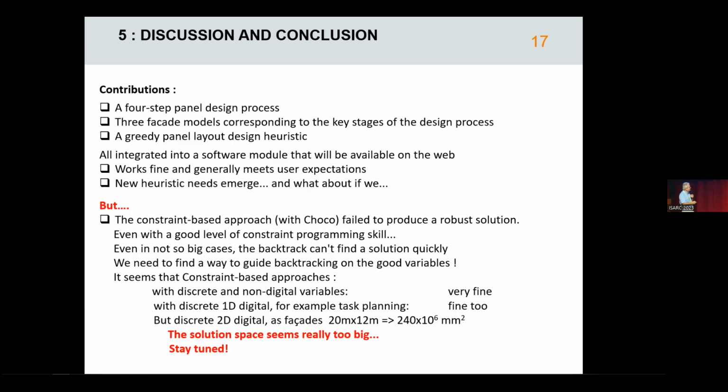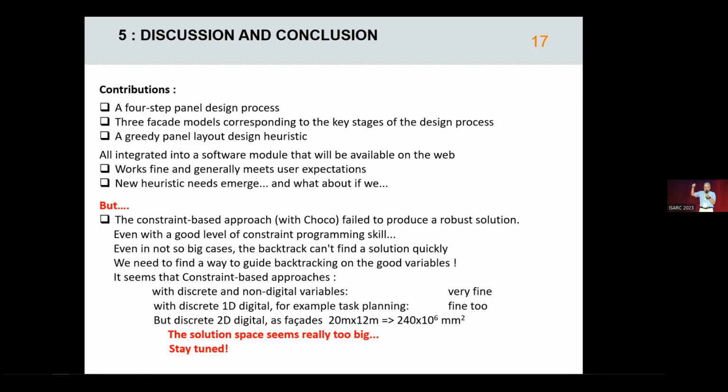But the constraint-based approach, where we used the Choco solver tool, which is quite famous in the constraint world, failed to produce a robust solution, even with a good level of constraint programming skill in the project; we had two people who were quite good in constraint programming. Even in not so big cases, in fact small, a little bit special cases, the backtrack can't find a solution quickly.